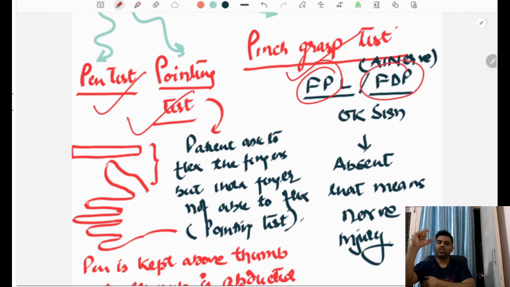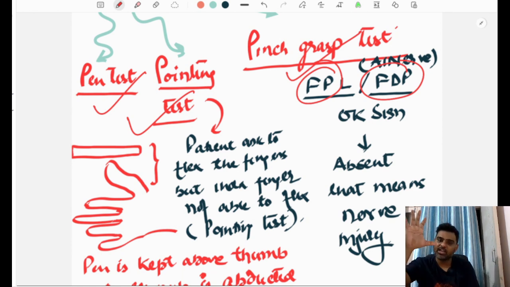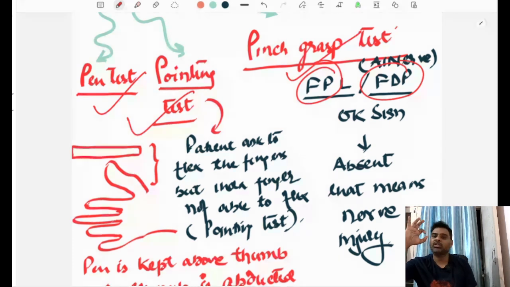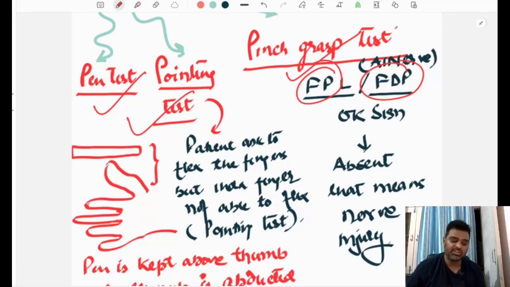When I ask the patient to make an OK sign, he uses flexor pollicis longus for flexing the thumb, and flexor digitorum profundus for flexing the index finger. The supply to these is lost, so the patient is not able to make an OK sign. This is known as the pinch grasp test. This I have already explained.